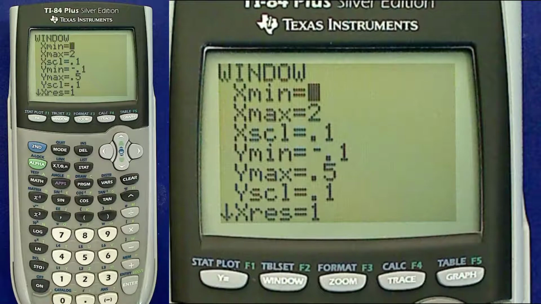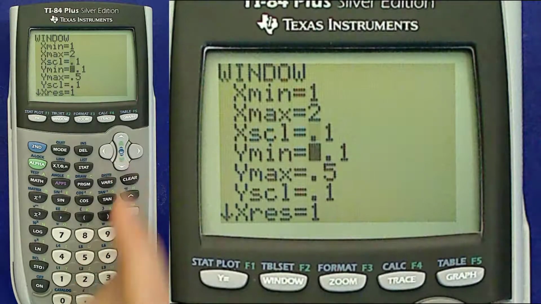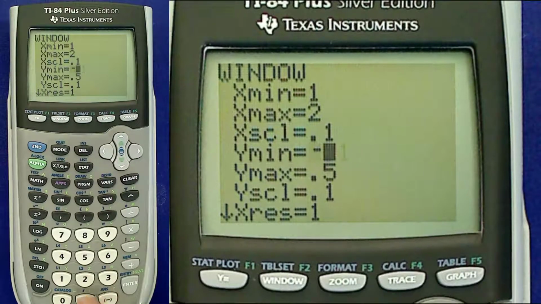For the plot window, I'm going to use xmin equal to 1 and xmax equal to 2 because that's the domain that we were given for this function. For ymin, let me give it, say, negative 0.05 to 0.2.